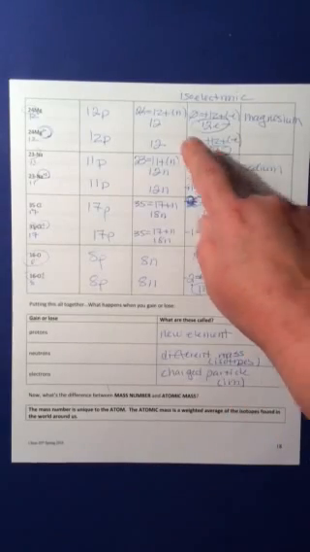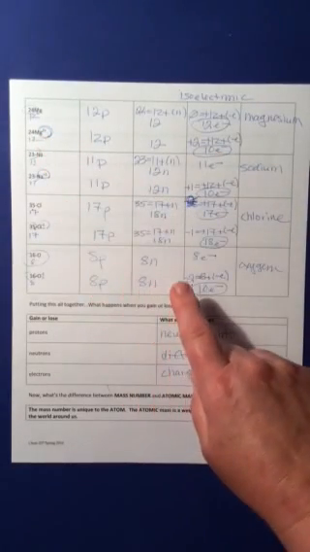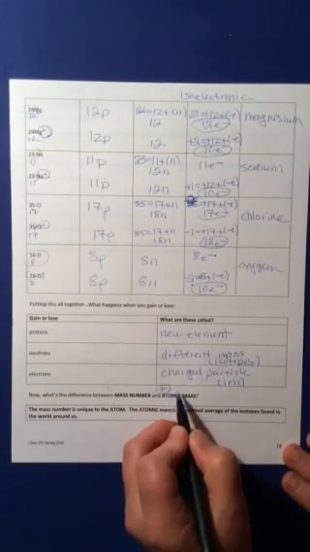When we gain or lose electrons, we get a charged particle. And this is called an ion. Okay? When we lose electrons, we get a plus charge. When we gain electrons, we get a minus charge. Okay? So your positively charged ion is called a cation, and your negative charged ion is called an anion.